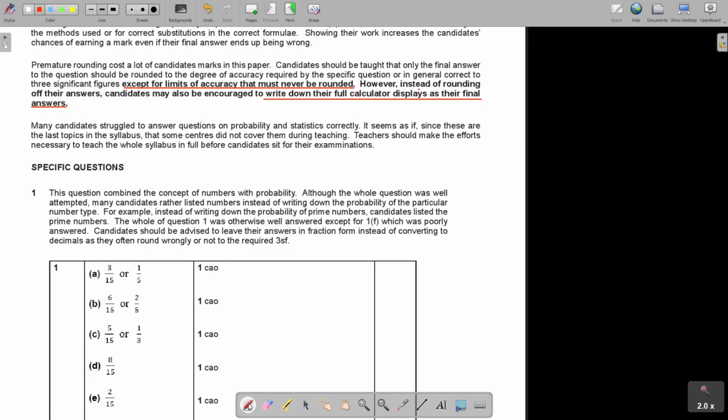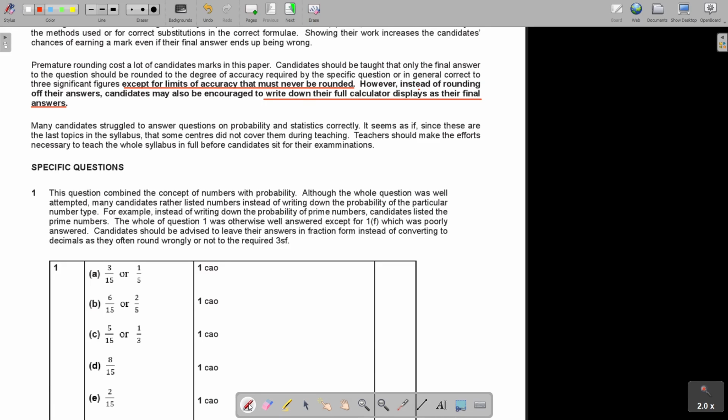Many candidates struggle to answer questions on probability and statistics correctly. And I think it's because it's the last chapter, but spend a little bit of time, even on the basic ones. It seems as if, since these are the last topics in the syllabus, that some centers did not cover them during teaching.